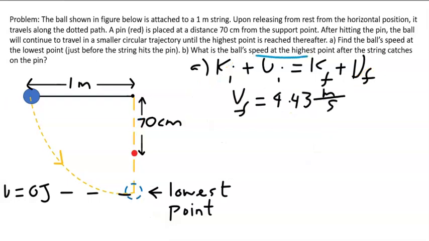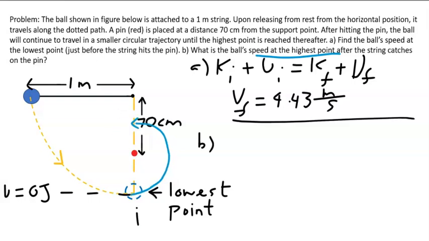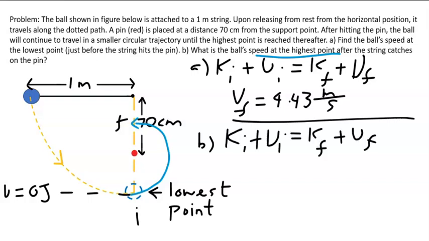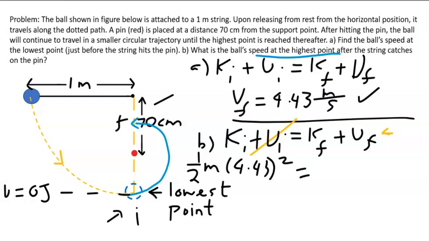Part B, what is the ball speed at the highest point after the string catches on the pin? So it's going to move like that, let's say. So what is the speed there? So for part B, this is going to be the initial point and that's going to be the final point. So note that from this conservation of energy equation, at this point, the potential energy is 0, so that's going to go away. Kinetic energy here can be calculated. It's half times mass times the speed there, which is 4.43 squared, equals the kinetic energy there, half times mass times the speed squared.